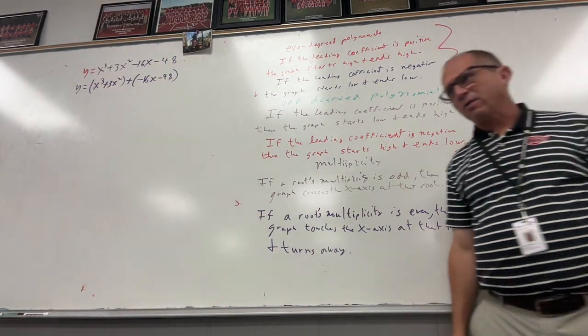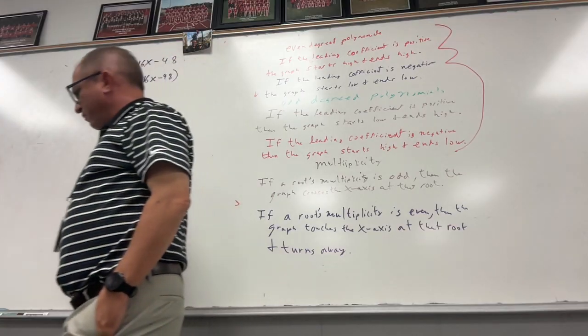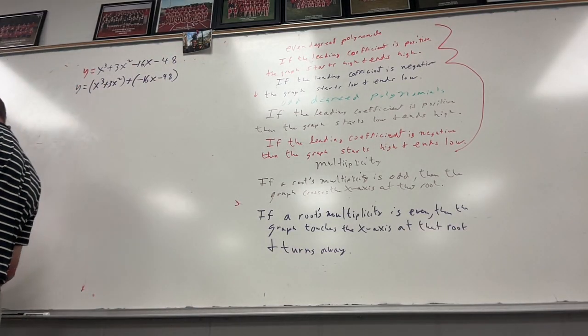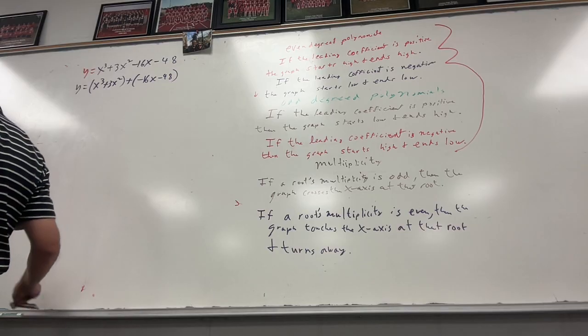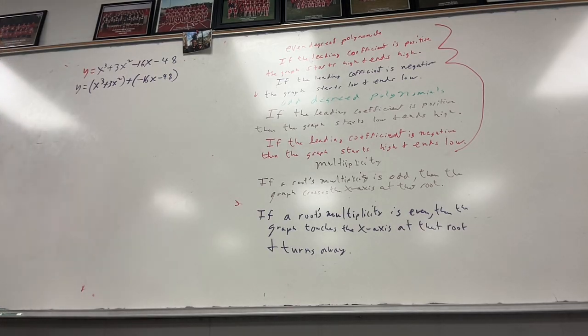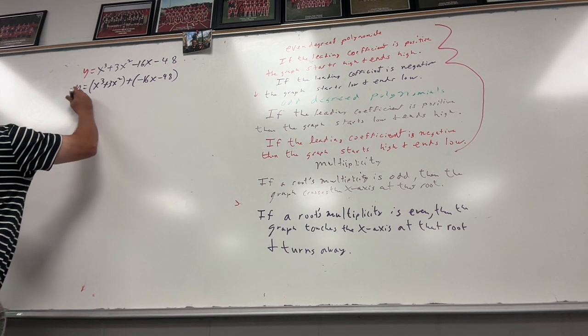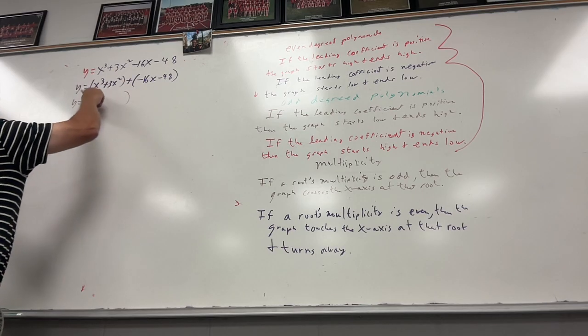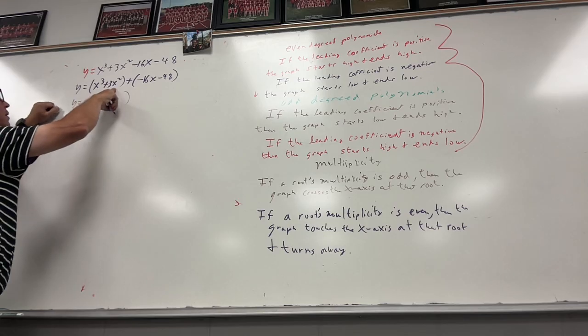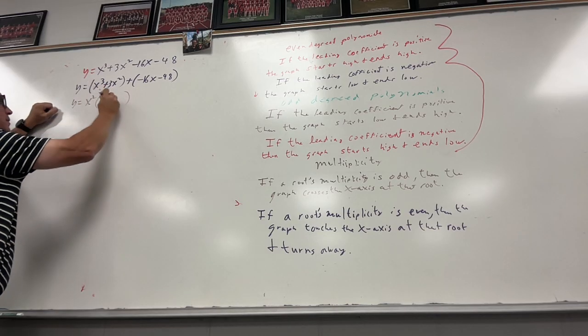From the first pair of numbers, what factor do you see in common? X squared, right? Okay, so I'm going to factor out an x squared. And when I factor out an x squared, what am I left with? Just x plus 3.